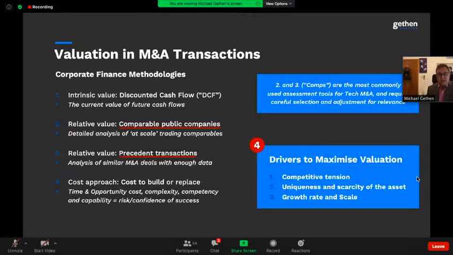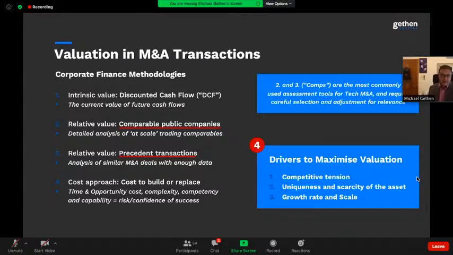The reality is, the key driver of valuation, number 1, is competitive tension: having a range of people interested in buying your company. Second to that is the actual uniqueness and scarcity of the asset that you have. And third behind that is absolute growth rates and scale of the business.